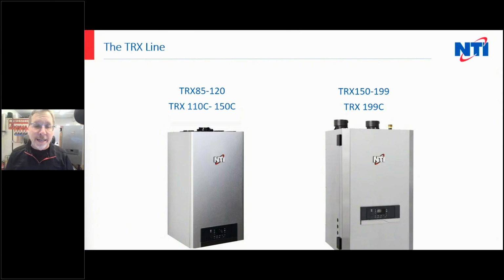Whereas the 199 and the 150 heat only are larger because they have a larger heat exchanger in them, and they're made here in Canada. The larger TRXs are the same size and same cabinet as the FTVN. And if you're not sure of the difference between the TRX and the FTVN, the TRX is a water tube and the FTVN is a fire tube. We'll talk about that later.